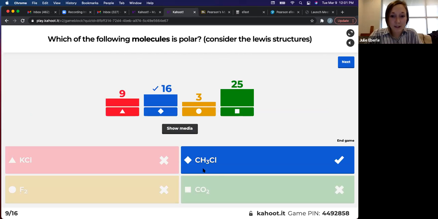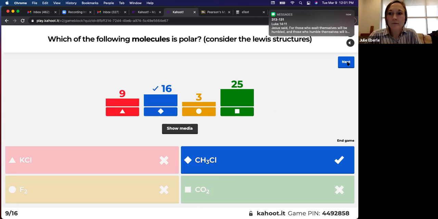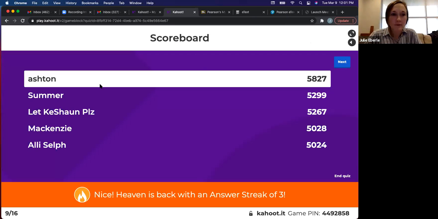The correct answer is CH3Cl. A lot of you pick CO2. But why is CO2 not polar overall? Sure, carbon-oxygen bonds are polar, but you got symmetry. We've used CO2 as an example of a nonpolar molecule. The dipoles cancel out, nonpolar overall, okay? There we go. So next.